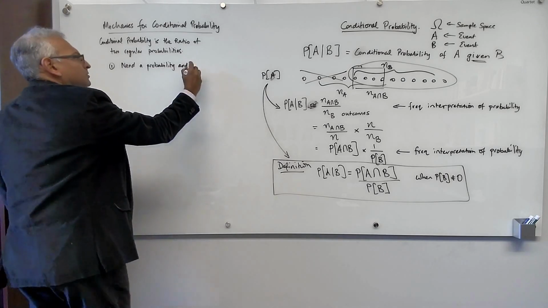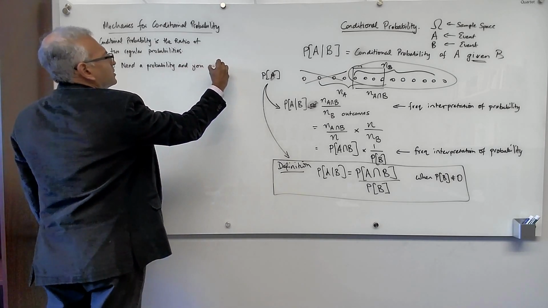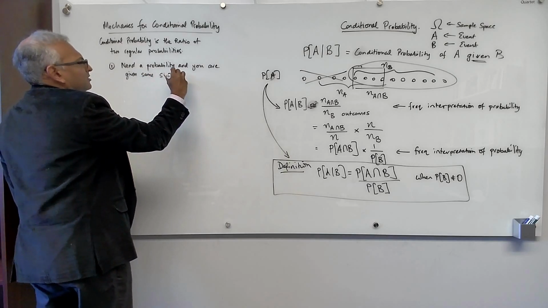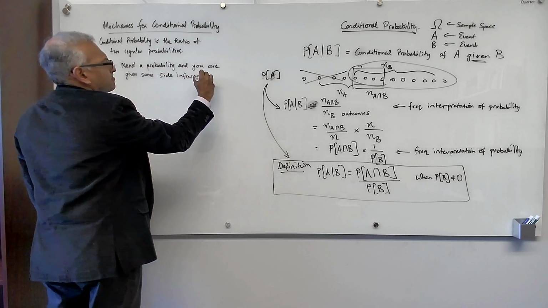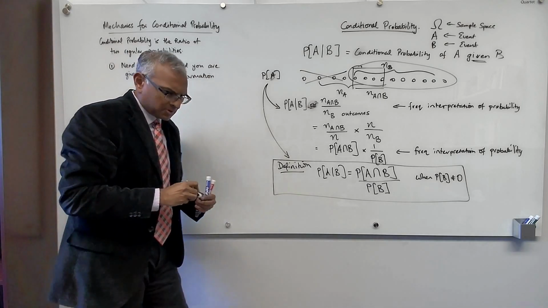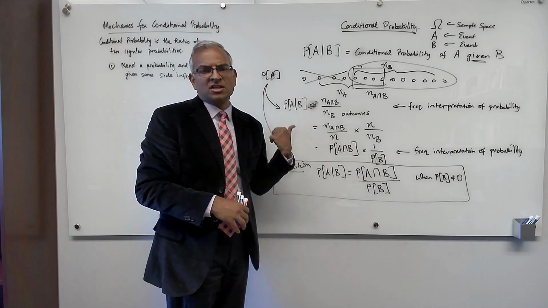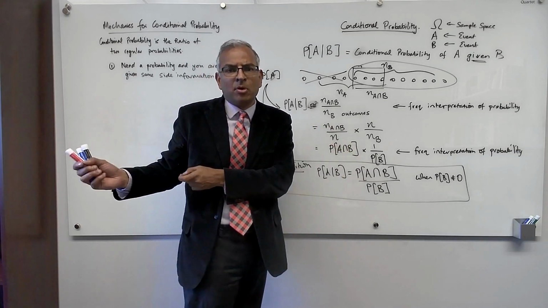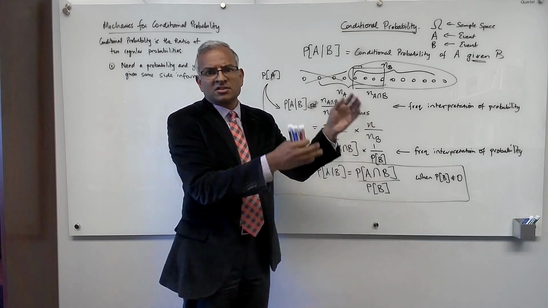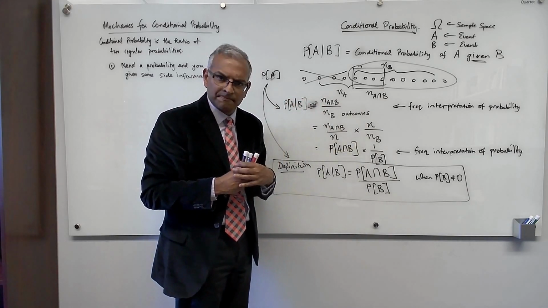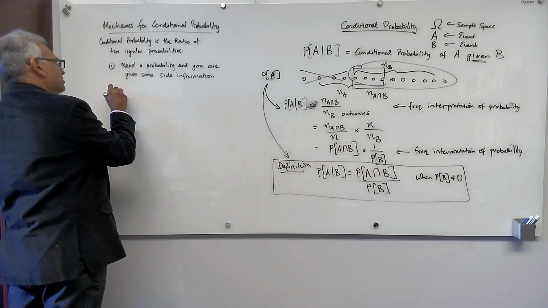For example, what are the chances of rain given cloudy? What are the chances of a sum being 10 given that both are odd? You're asked for a probability and you're given some additional side information. So conditional probability is relevant.